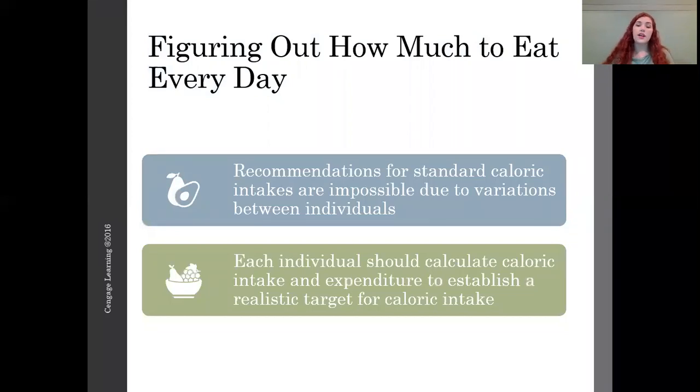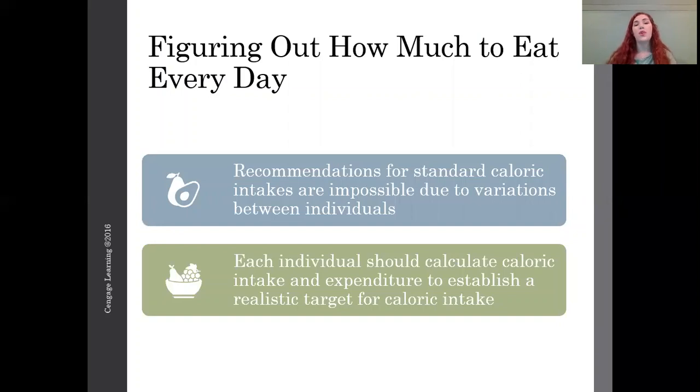So to sum things up, as we have seen, variations in individuals make it difficult to set a standard for caloric intake. We can't really even split it up based on age ranges or gender, because even within some of those larger groupings, there are still so many variations between individuals that impact the amount of calories that they need.